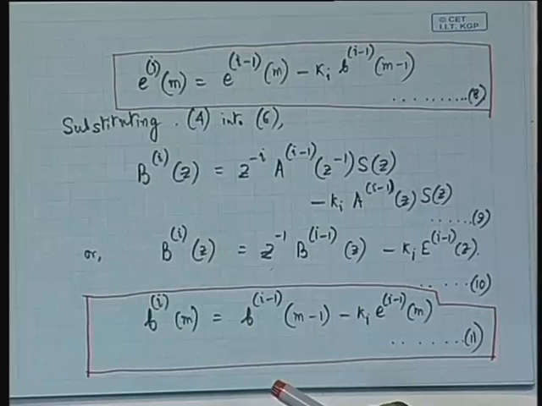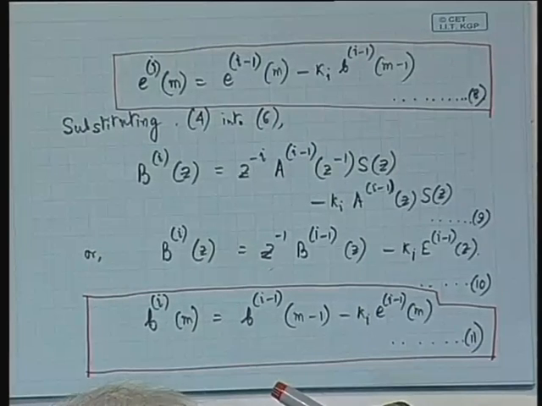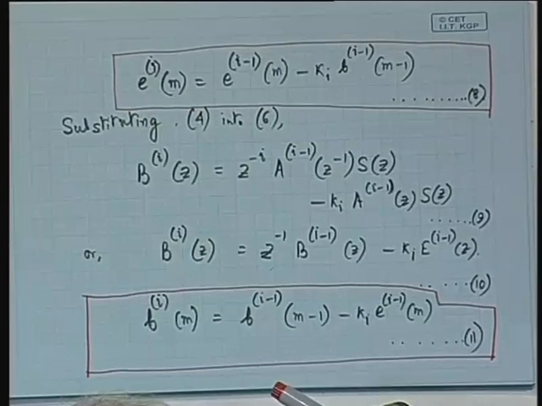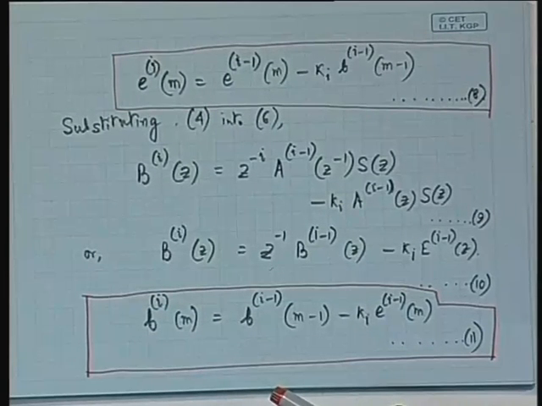of m minus 1. So, essentially E1 of m becomes equal to S of m minus Ki, or in this case K0, into S of m minus 1. So, how to get S of m minus 1? Give a unit delay and you get S of m minus 1.